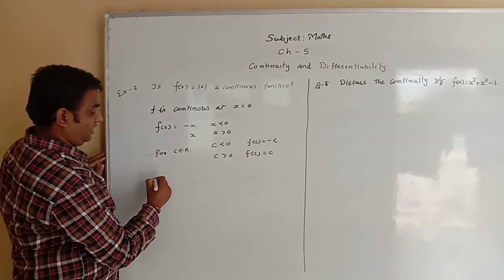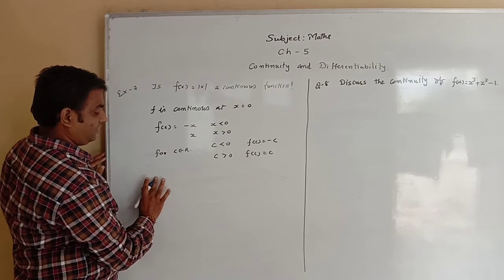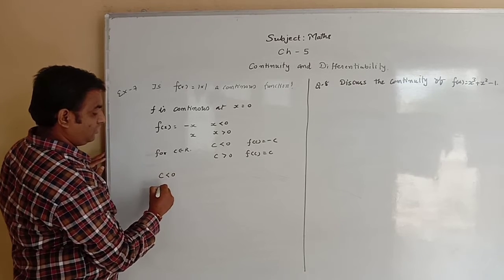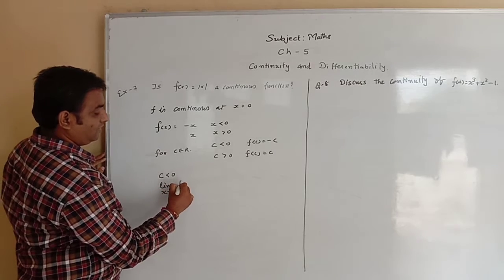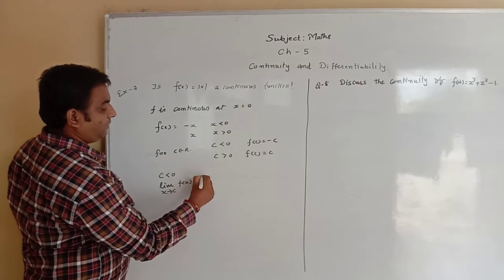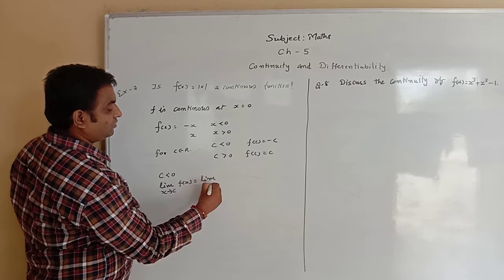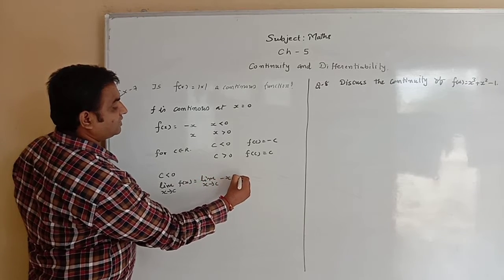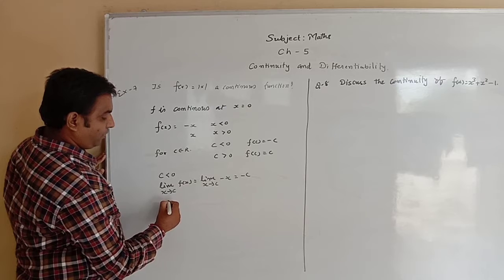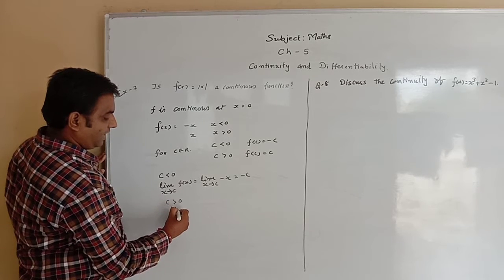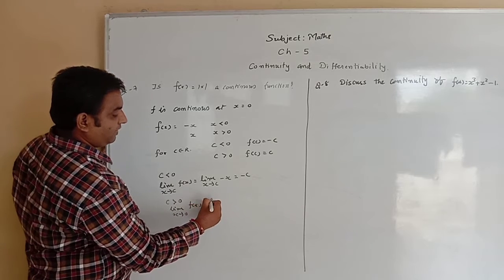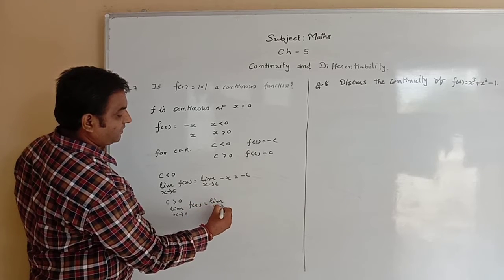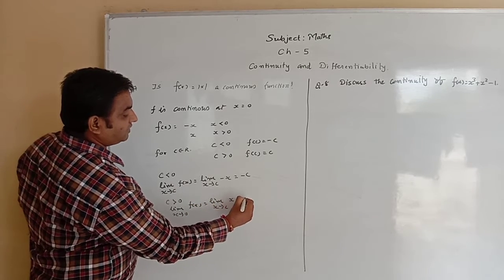And so here we can take for c less than 0, limit x tends to c, f(x) equals limit x tends to c of minus x, which will be minus c, and for c greater than 0, limit x tends to c, f(x) equals limit x tends to c of x, which is c.